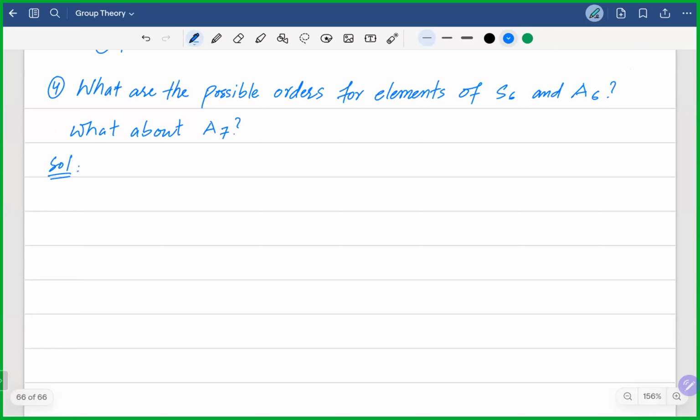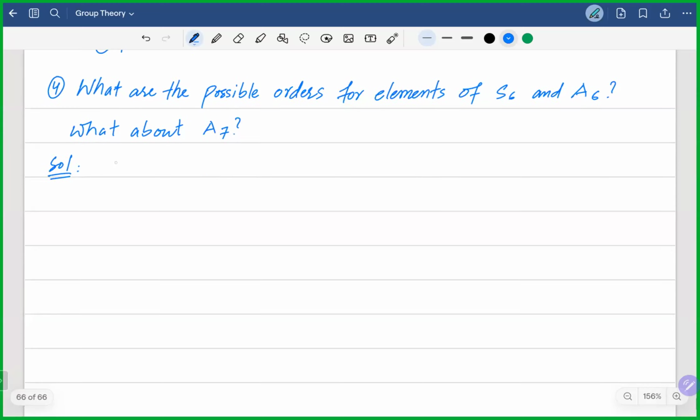Okay, solution. So we write a cycle structure and then we write its order along with it. What is the procedure? We find the orders by looking at the possible products of disjoint cycle structures arranged by longest length left to right and denote by n-cycle.